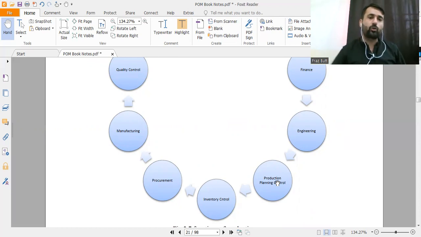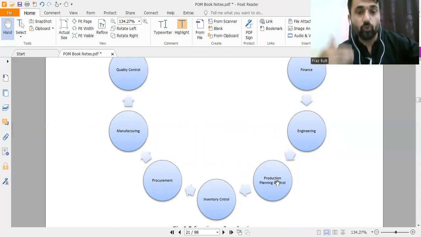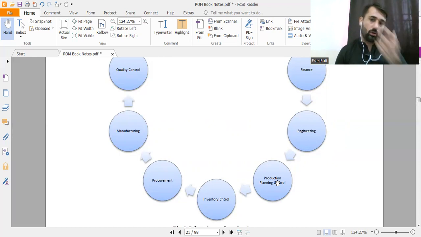Then inventory control, where you have gathered all your raw materials, and then you transport the raw material to the production department, where the actual manufacturing of items or commodities takes place. Then procurement: you have to transport these items to the end customer. You can use various supply chains, some vehicles, in order to transport, because mobility is important.